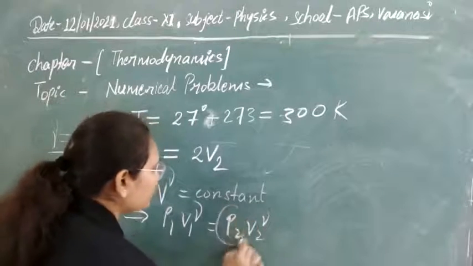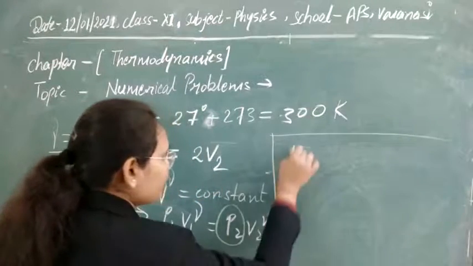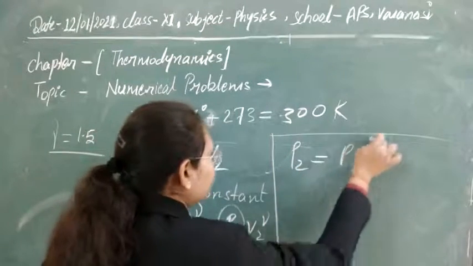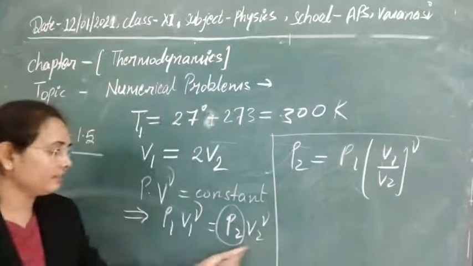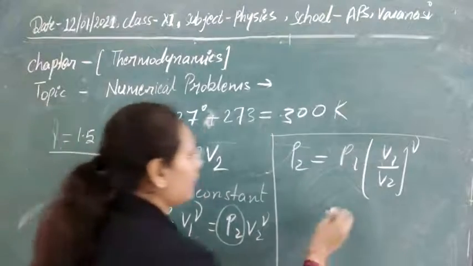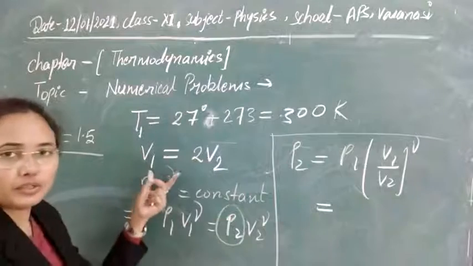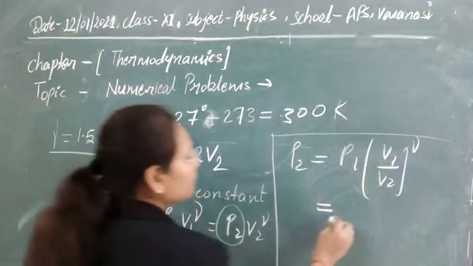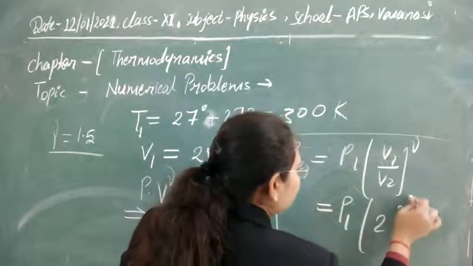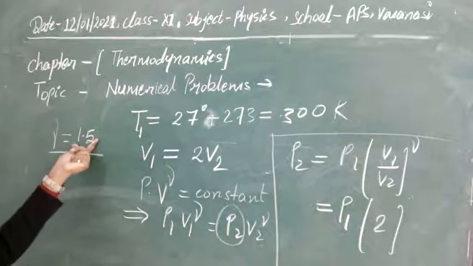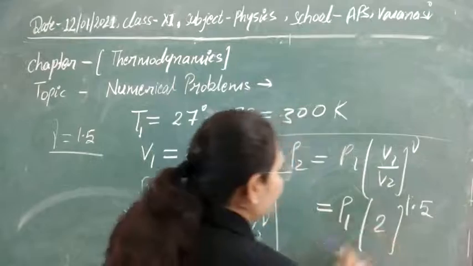So here we have to calculate this pressure P2. Let's calculate it. The value of P2 will be equal to P1 times V1 upon V2, power gamma. Now here you can calculate the value of V1 by V2, which you see is equal to 2. So this will be 2 power gamma, and the value of gamma given is 1.5.